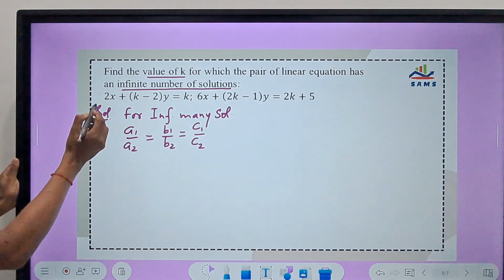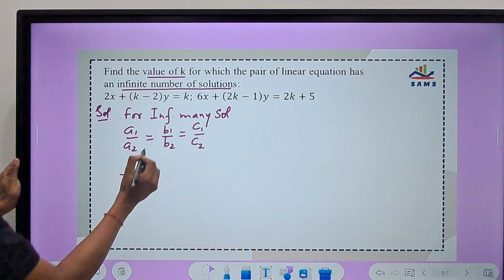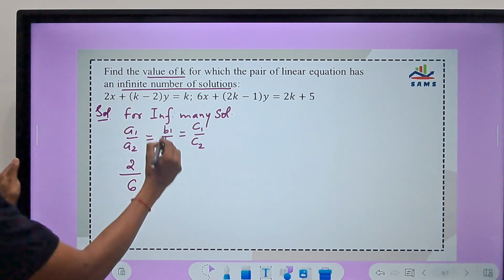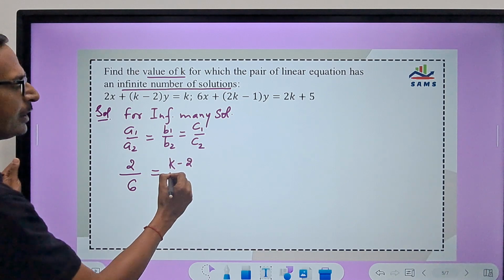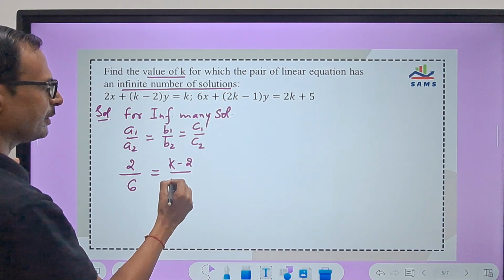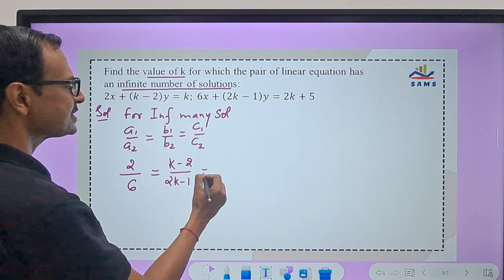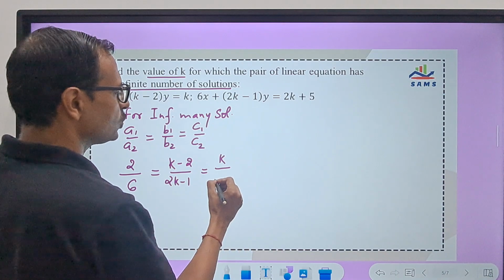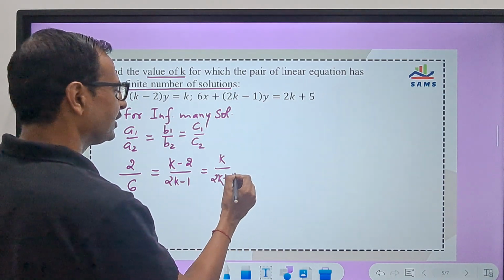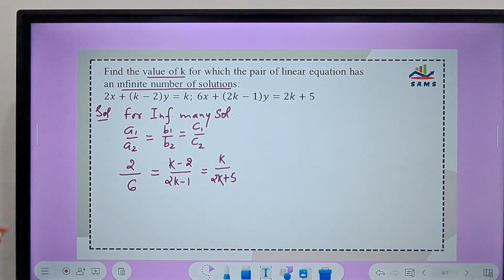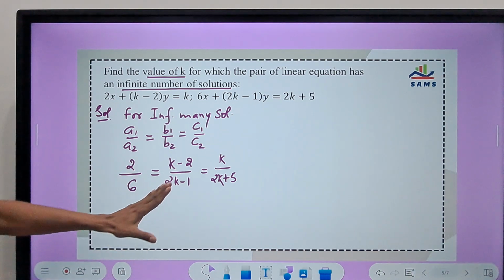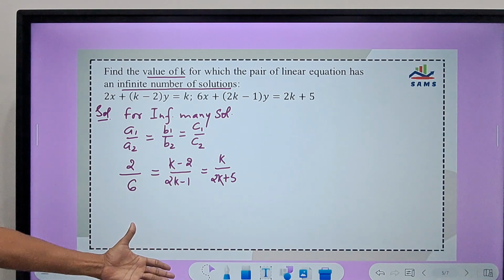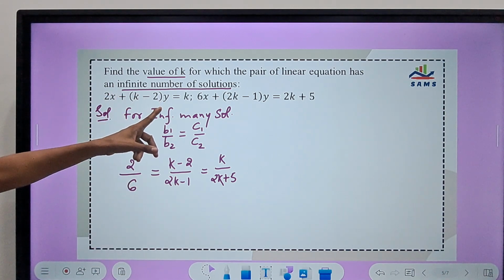So let's put the values. a1 is 2 upon a2 is 6 equals b1 is this k minus 2, the coefficient of y, and the coefficient of y here is 2k minus 1, equals c1, the constant term is k, and c2, the constant term is 2k plus 5. Now you can see we have three ratios, and now we have to solve by taking two at a time and get the value of k, which will give you infinite solutions.